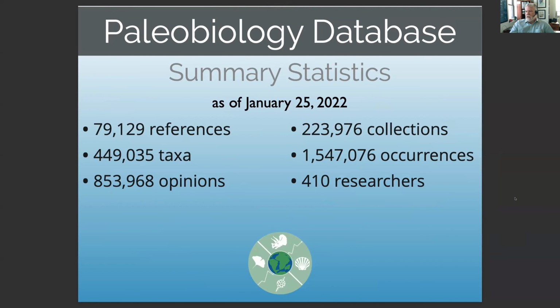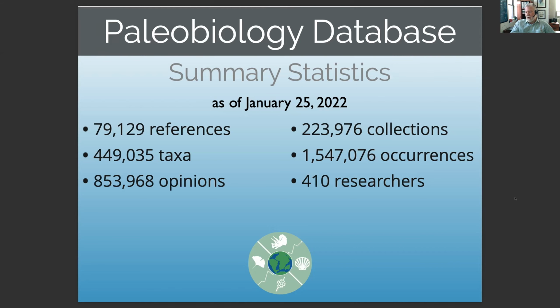So just a few statistics on what's in the PBDB as of the end of January. Like I said, most of the data comes from the literature. There are almost 80,000 references with over 1.5 million occurrences grouped into what we call collections, which are holes in the ground from which fossils come from a relatively unified stratigraphic and temporal unit.